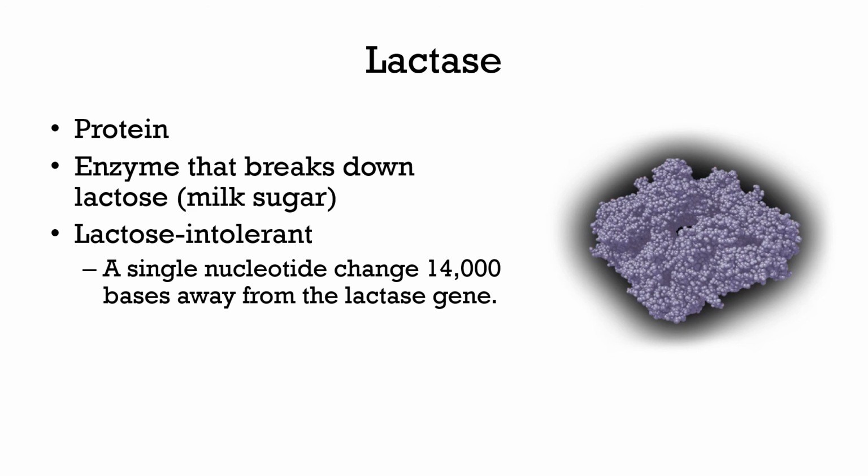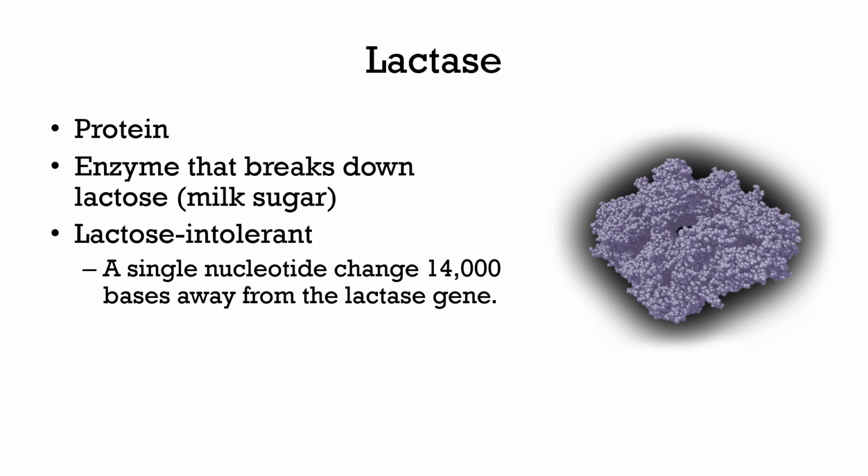I'm going to show you a map of different regions, but certain areas like Europe and parts of Africa, specifically East Africa, have very high percentages of individuals that can break down lactose in adulthood. But other areas like Asia are not able to break down lactose in adulthood as much, and they tend to be at much higher levels of lactose intolerance.